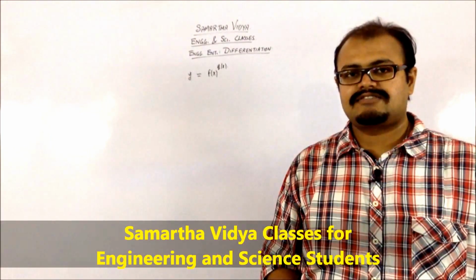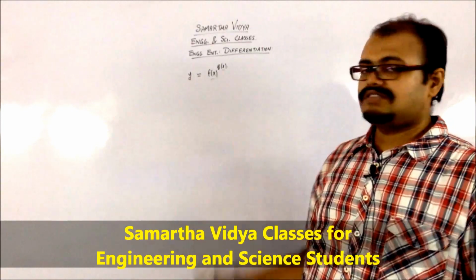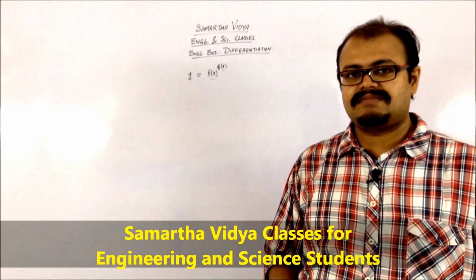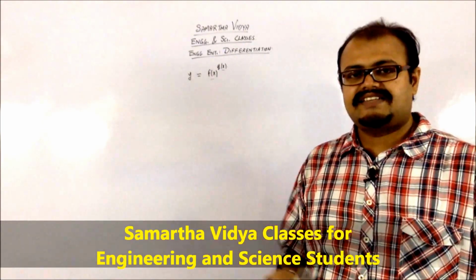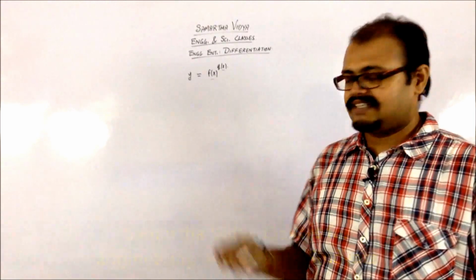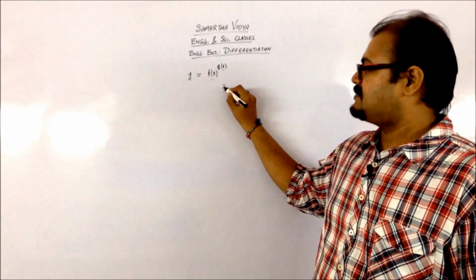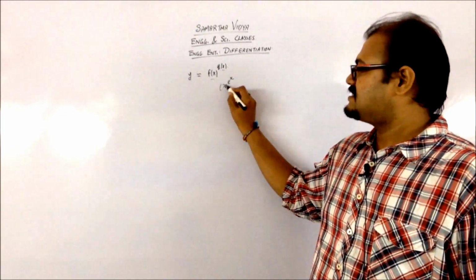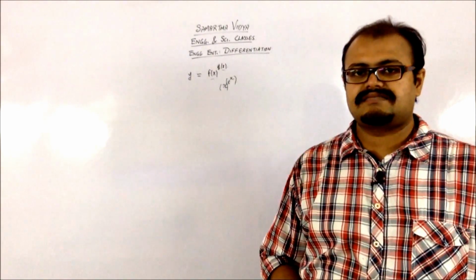The next set of questions will be based on terms where a function is raised to a function. When you have such terms, you need to remember to take the log on both sides. You cannot find the derivative of this directly because it is quite a complicated term. For example, it can be x raised to e raised to x, where x is a function and e raised to x is also a function.